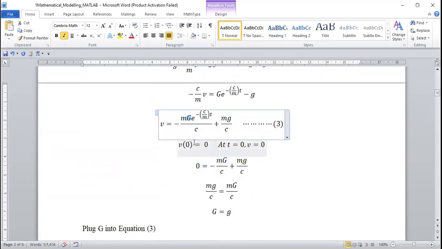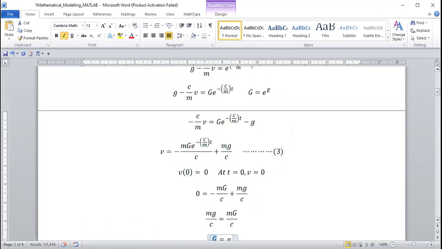So when we put in the initial condition, at T is equal to 0, V is equal to 0. So we replace T with 0 and we replace V with 0. When we do that, we arrive at this equation. Then when we solve this equation, you would see that the big G is equal to the small g. Therefore, what we need to do is just to plug G into equation 3.